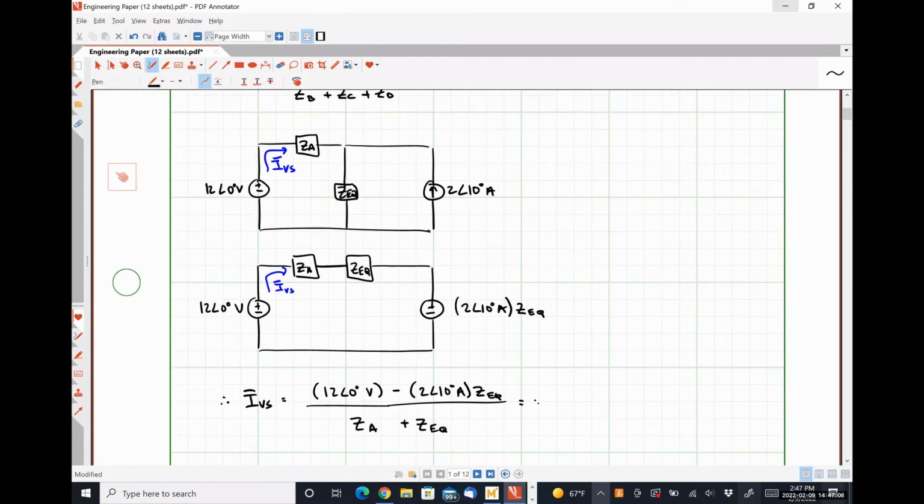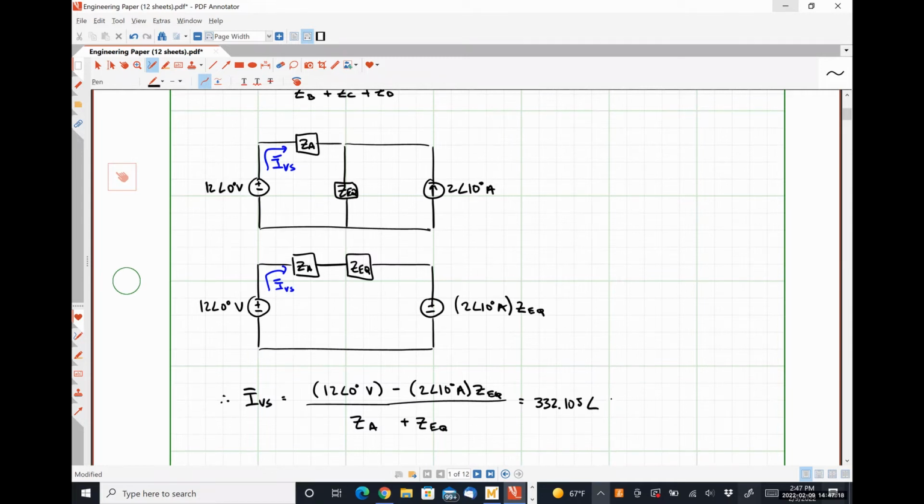I get 332.105 at an angle of negative 29.446 degrees milliamps.